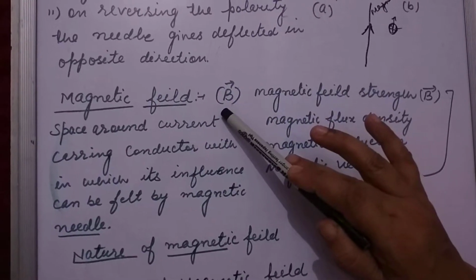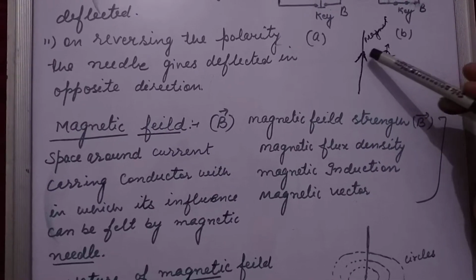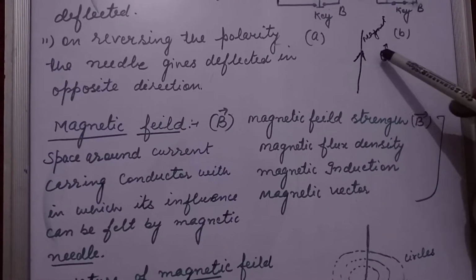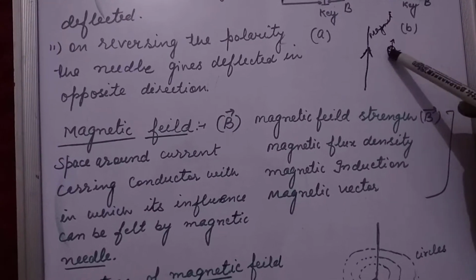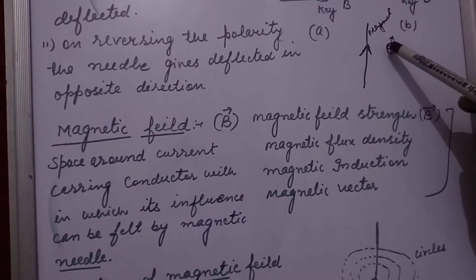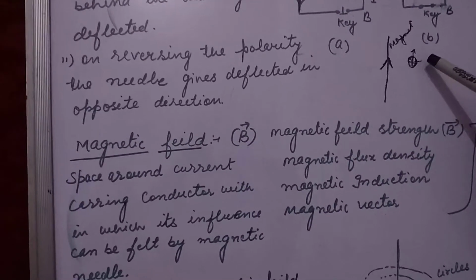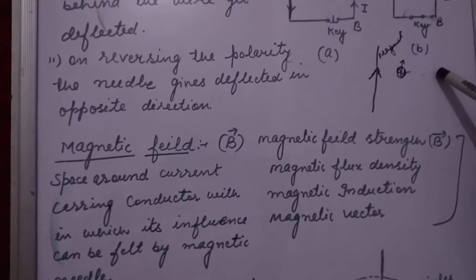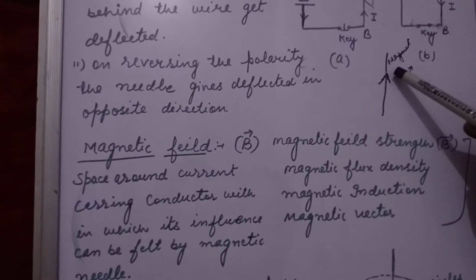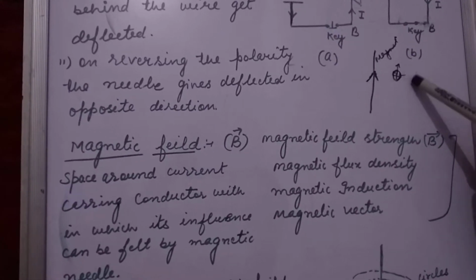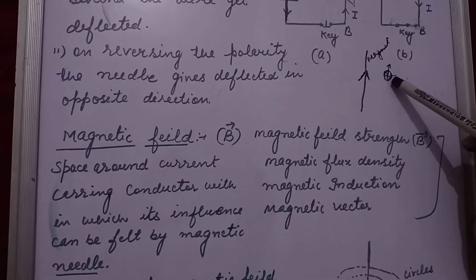Now, what is the magnetic field? Suppose we have two magnets. These magnets will attract or repel each other. But if we increase the distance of this needle, suppose we put it here and at another point, there is a space or region where it will attract or repel the magnetic needle.